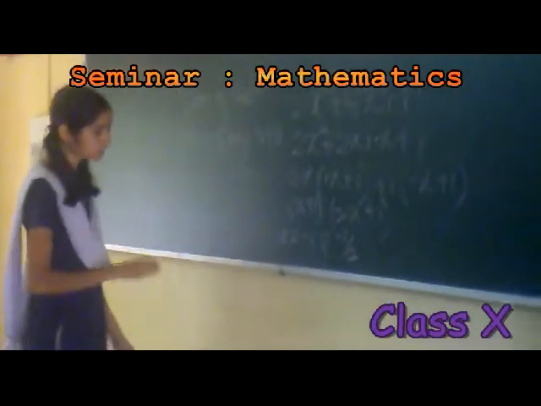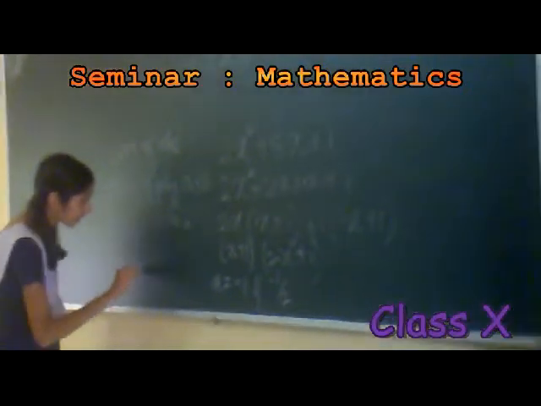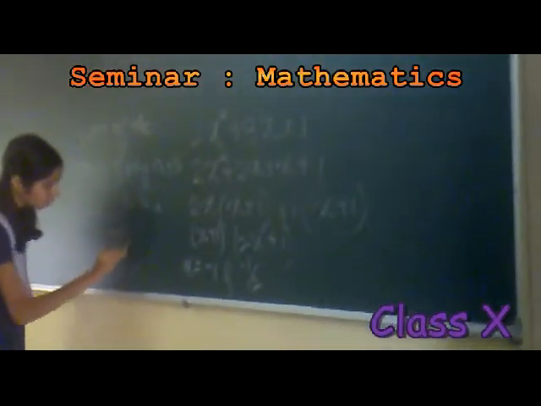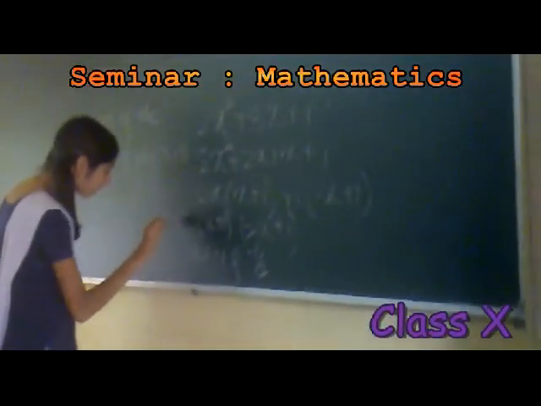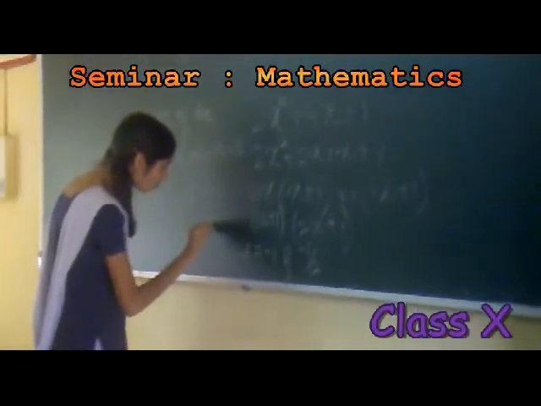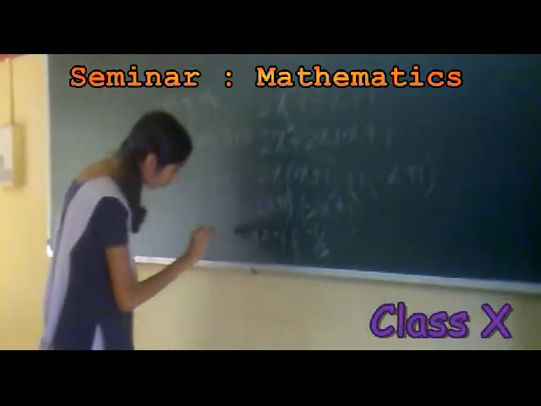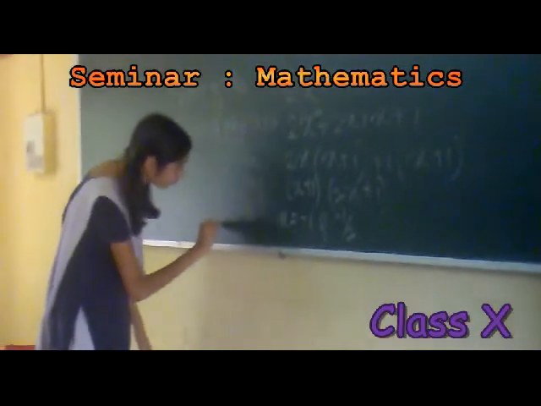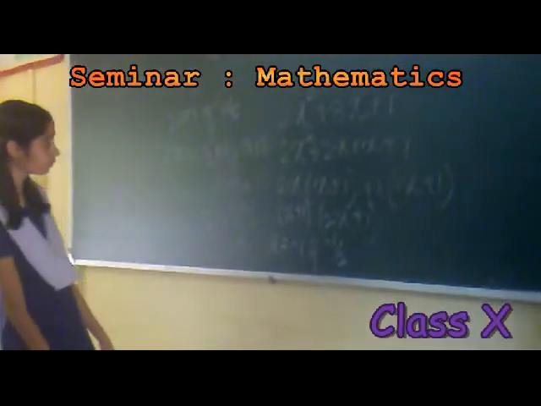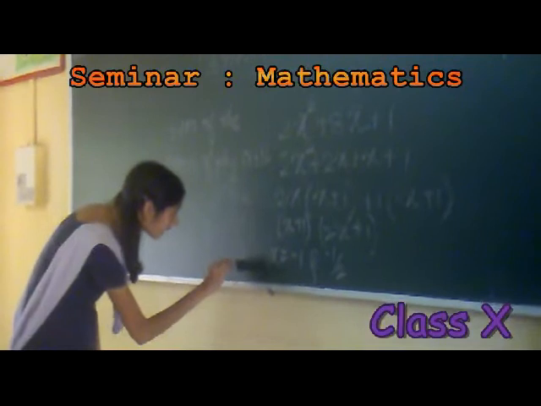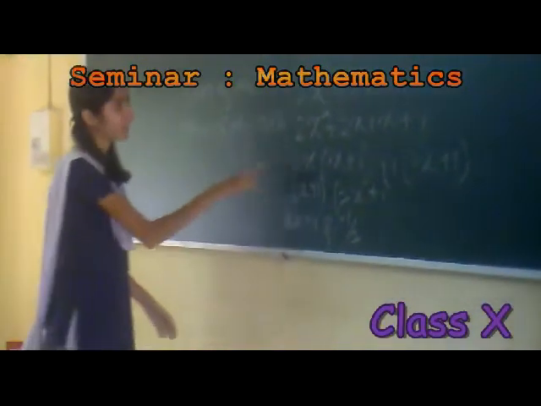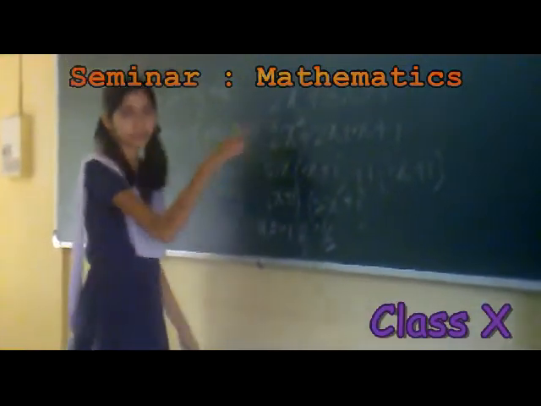Let us solve this. -1 plus -1 upon 2 is equal to -1 plus -2 plus 1 upon 3. This will be equal to -3 upon 2, that is minus b upon a.